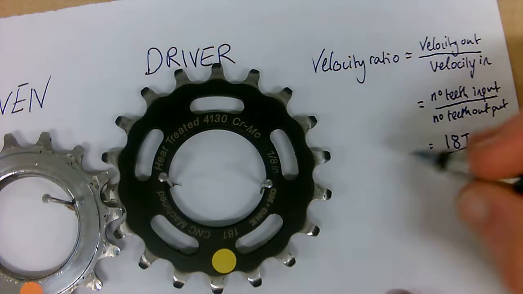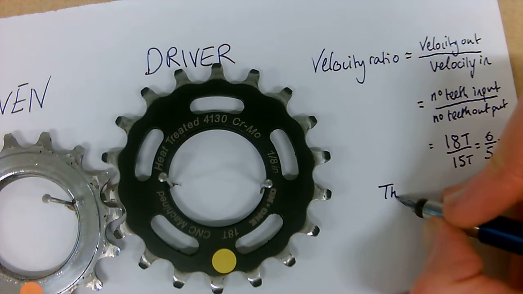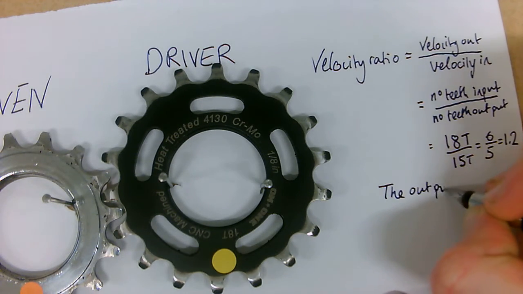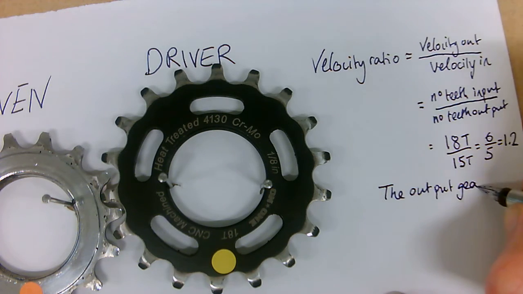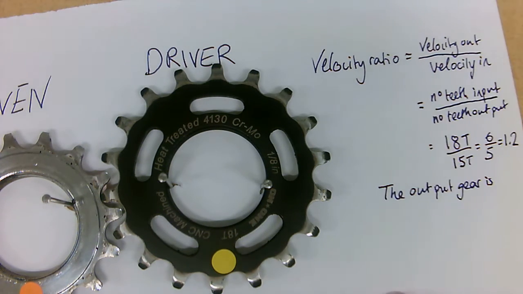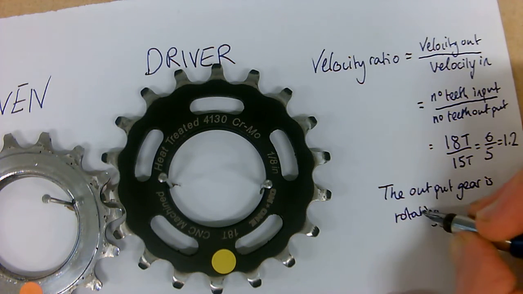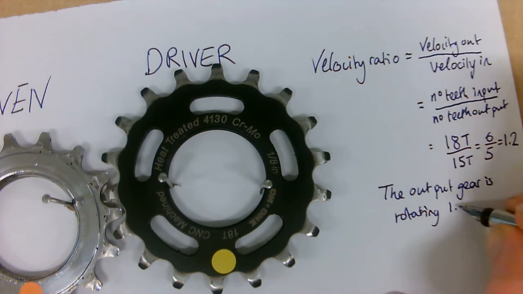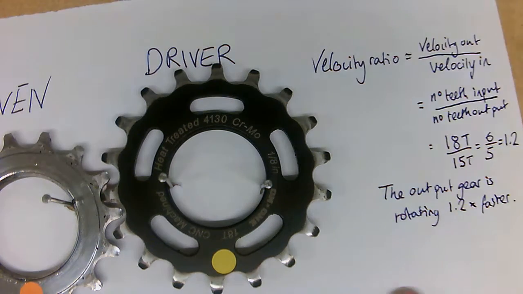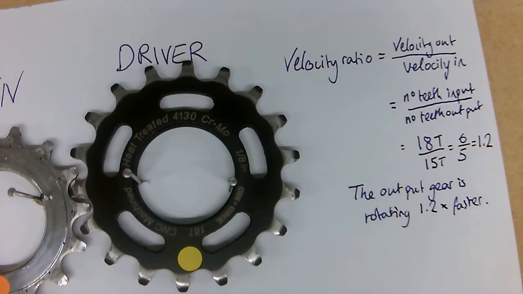That tells us that our output gear is rotating 1.2 times faster. So our velocity ratio here is greater than 1.